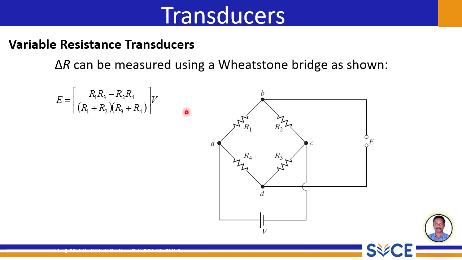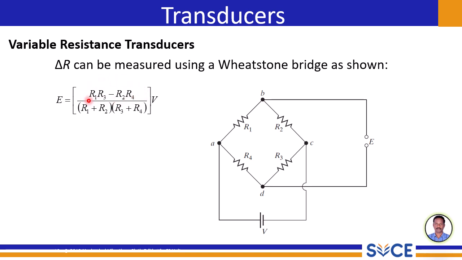The equation shown here gives the relationship between the output voltage and the resistances of the 4 arms of the bridge. This equation shows the output voltage E is 0 when the bridge is completely balanced, that is, R1 R3 equal to R2 R4.